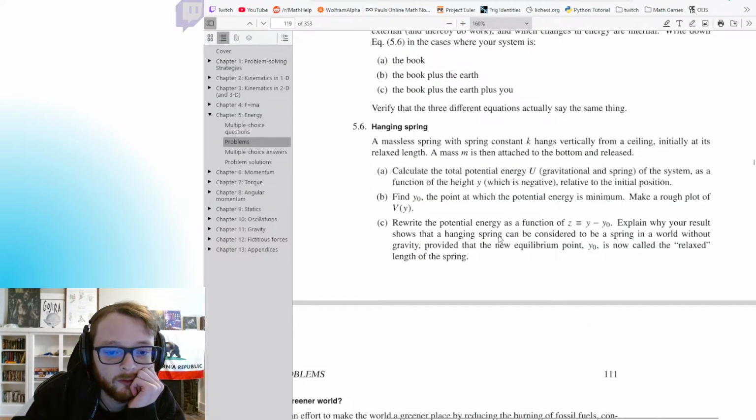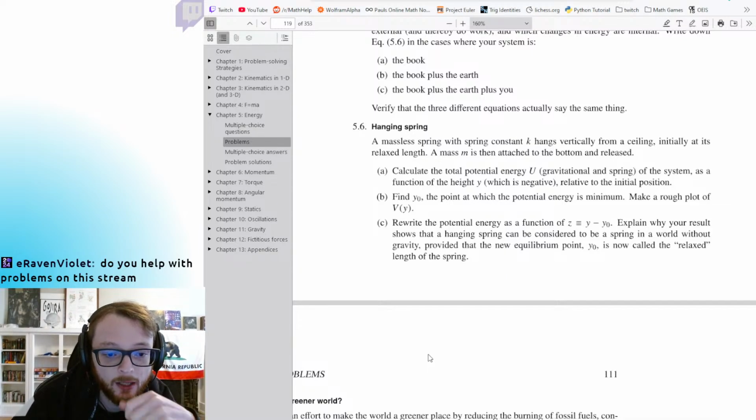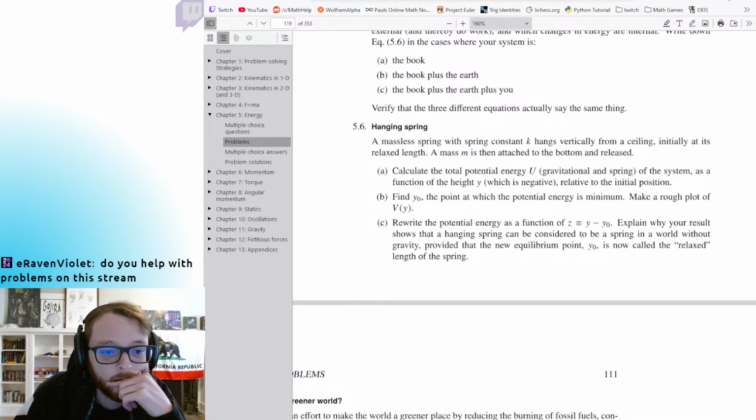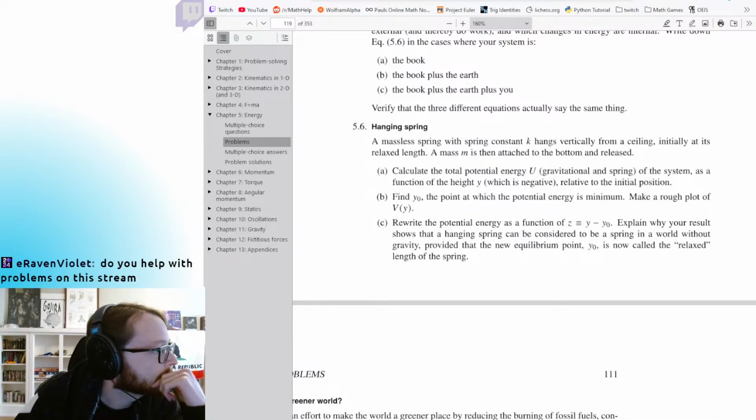According to something we did in problem 6, if you measure potential energy from the equilibrium point with the mass attached, you don't have to worry about gravity. And we are measuring L with the equilibrium point with the mass attached. So if we raise it by L over 2, it's going to go down L over 2 past the equilibrium. So it's going to go down 3L over 2.